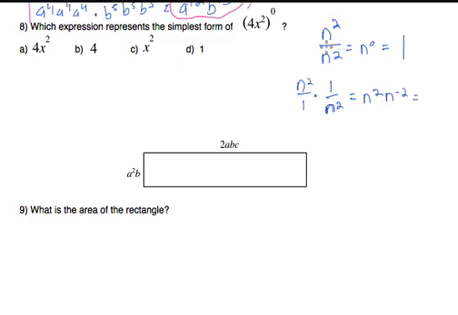And so this same situation can be rewritten as a multiplication problem, n to the positive 2 times n to the negative 2. And when you multiply identical bases, you add the exponents. And what's 2 plus negative 2? That gives you n to the 0, and you get the same result. You just get 1. So, anything raised to the 0th power is 1. Our answer is D.